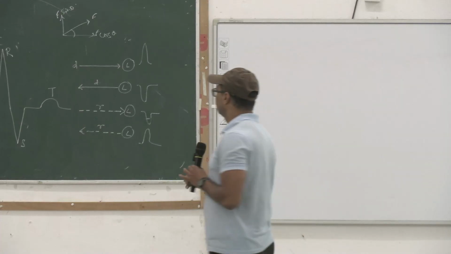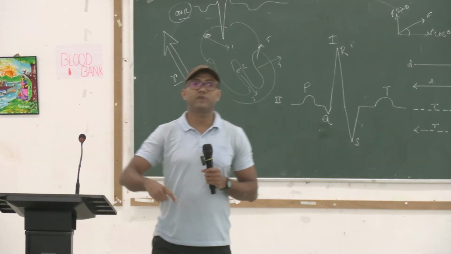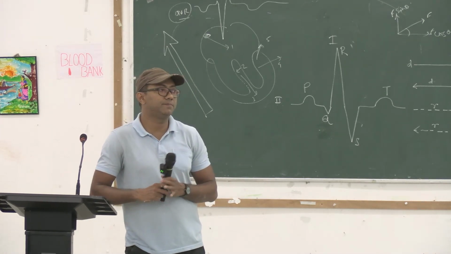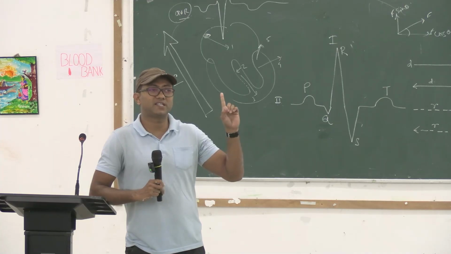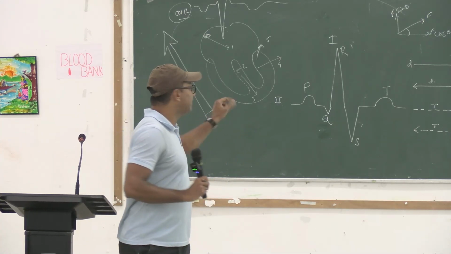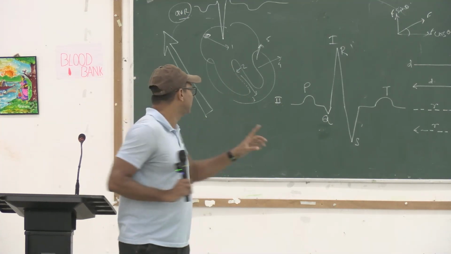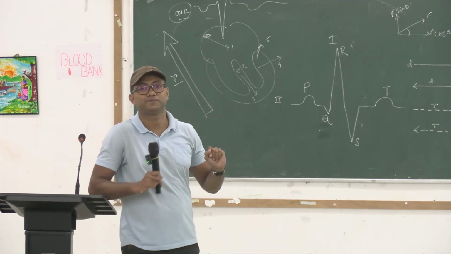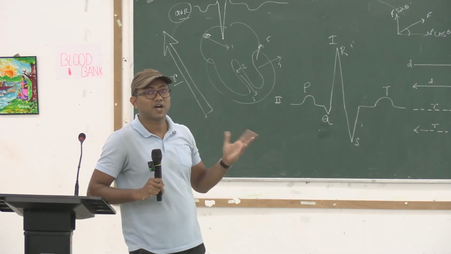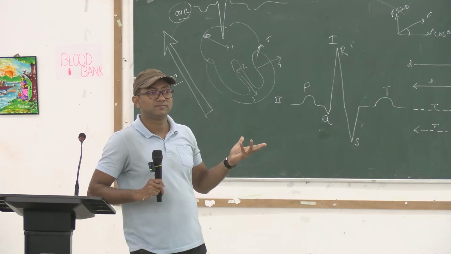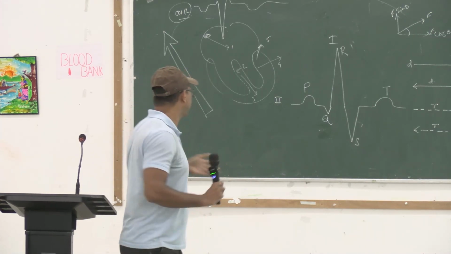Now look at this and tell me: the P wave is due to atrial depolarization, the Q wave is due to septal depolarization, the R wave is due to cardiac apical depolarization.